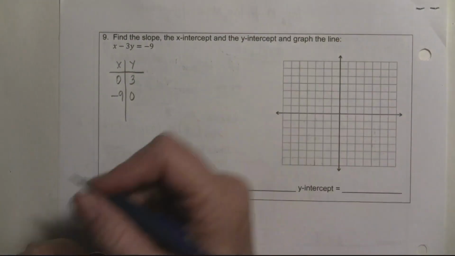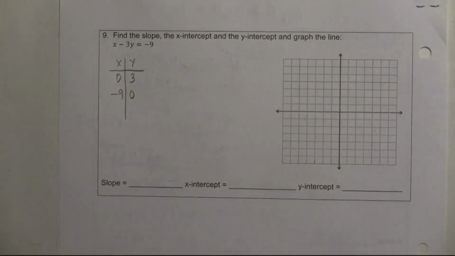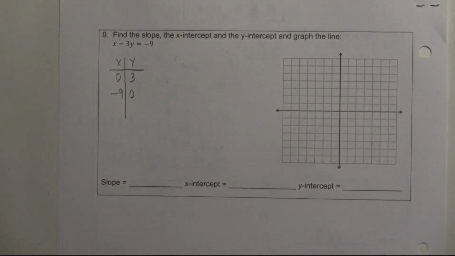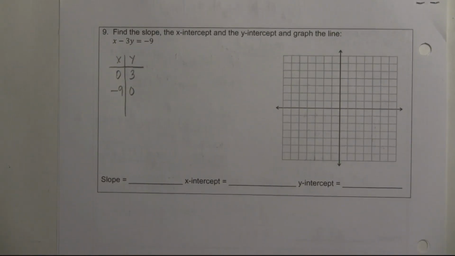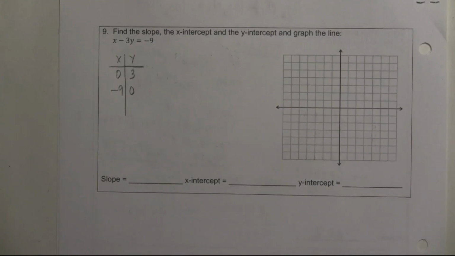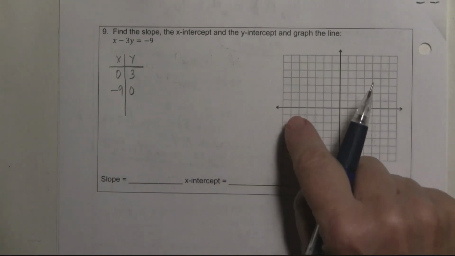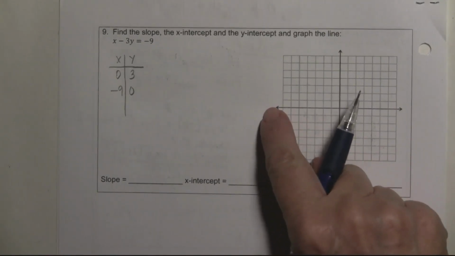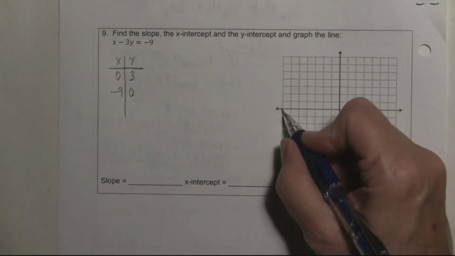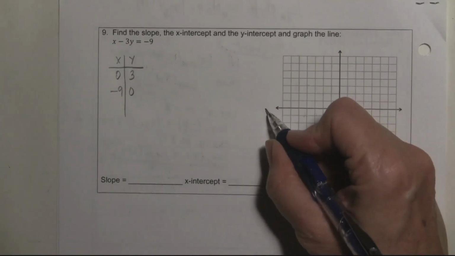And that's a little bit off my graph, but that's okay. I think I'll try to get one more thing on the graph, because -9 is over here. -7's right there, and then -8, and then -9.